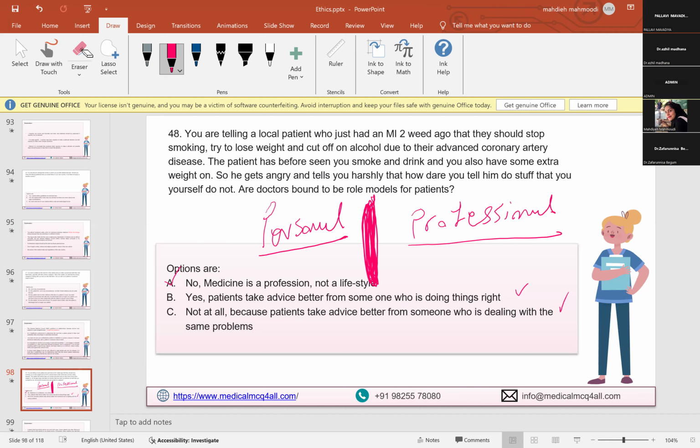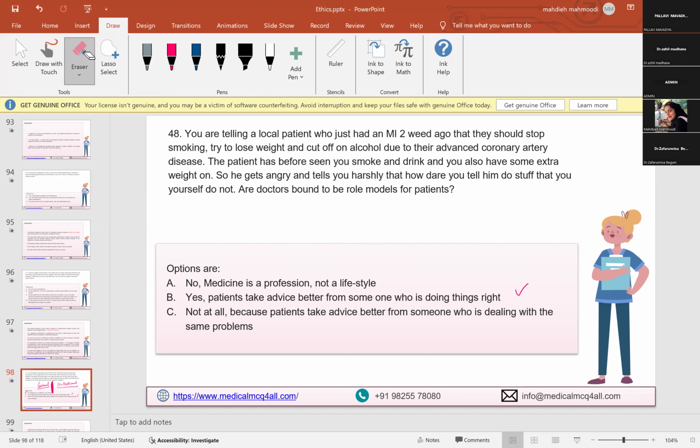In your personal life, you might be doing anything you want unless and until it affects your professional life, and you have to keep your professional life so that you can have a personal life too, okay? So no, you are not bound to make changes in your personal life just for an educational, pedagogic purpose to keep your patients better.